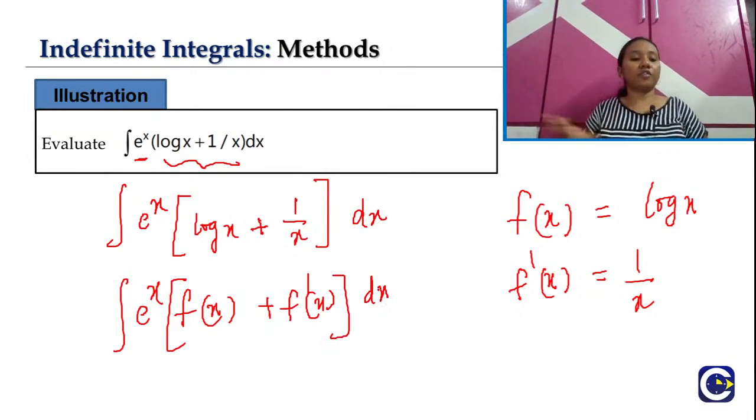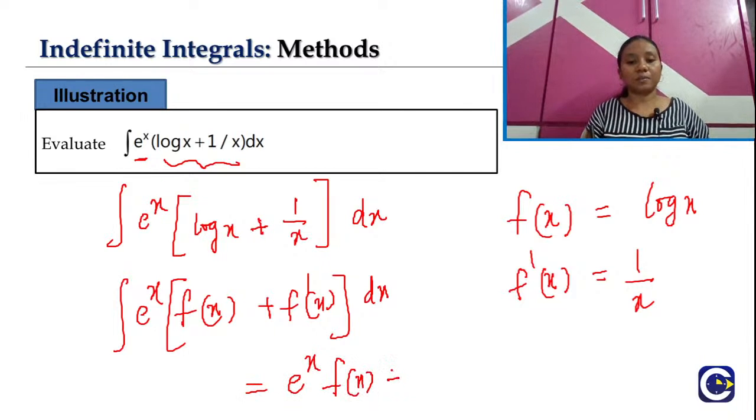Right, so just now we have seen what the result will be for any integration of the form e power x into f of x plus f dash x. It is directly equal to e power x f of x plus constant c. So in this question, what is our function f of x? Function f of x here is nothing but log x. So the answer is e power x log x plus c.